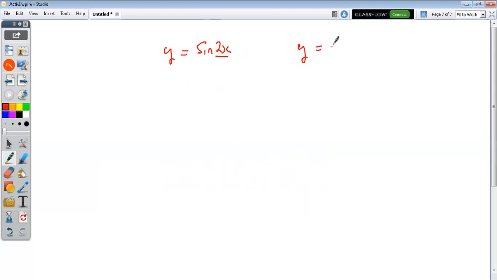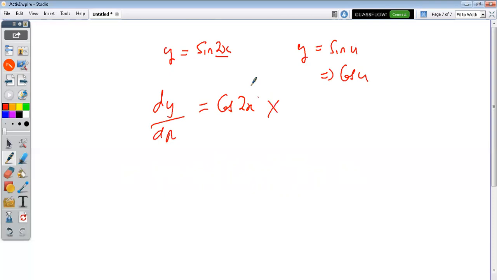Clear? If I differentiate sine u, it's there in your book, it gives you cos u. Which means dy over dx is equal to cos 2x, but multiplied by the differential of 2x, which is 2. So that gives me 2 cos 2x.